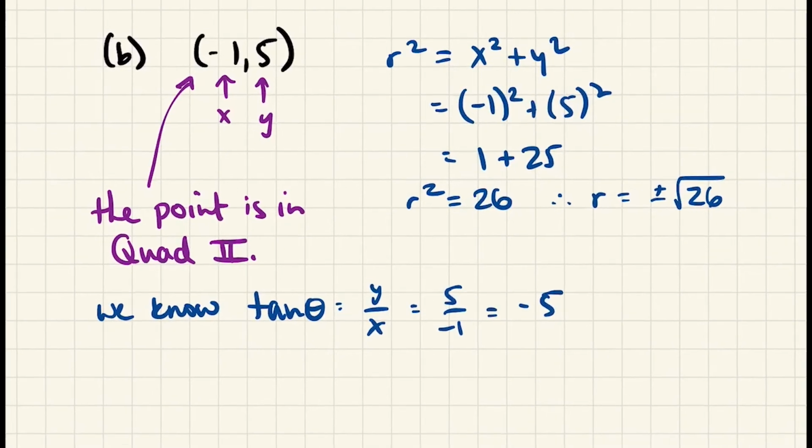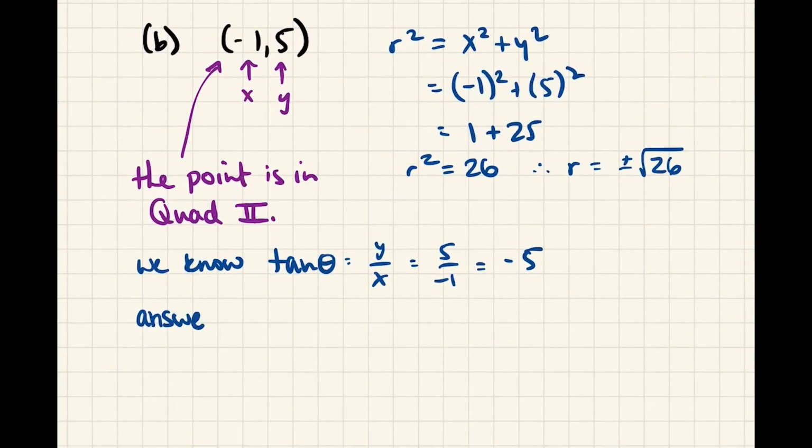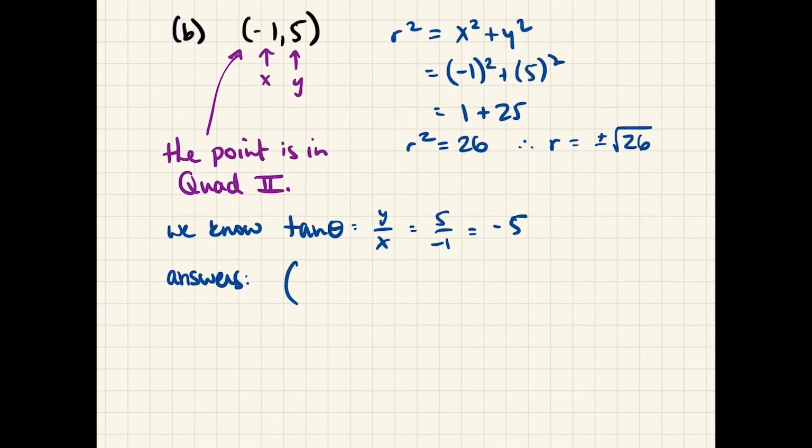So our answers are going to be, let's start with positive root 26, which means we must choose a second quadrant angle, and we have no choice but to do something like this, inverse tangent of -5.